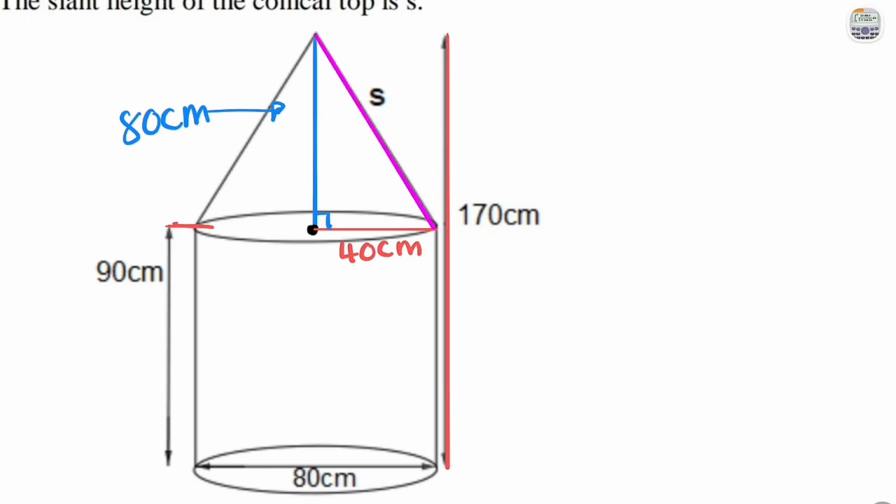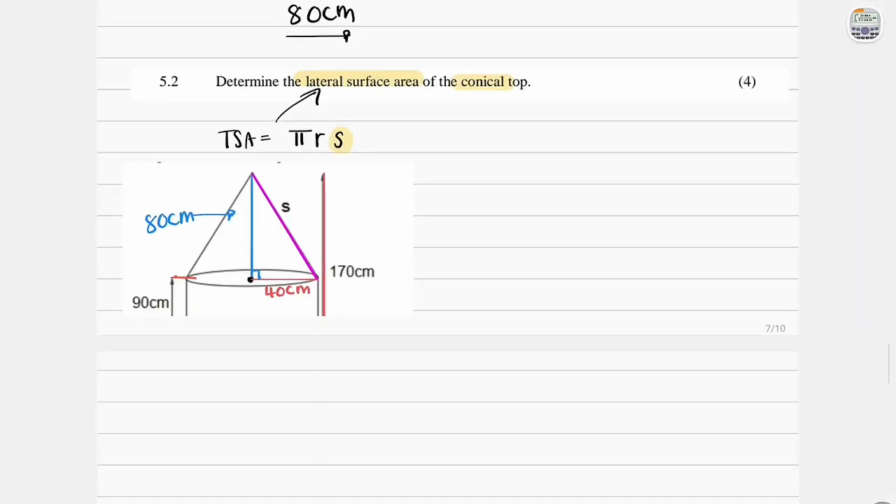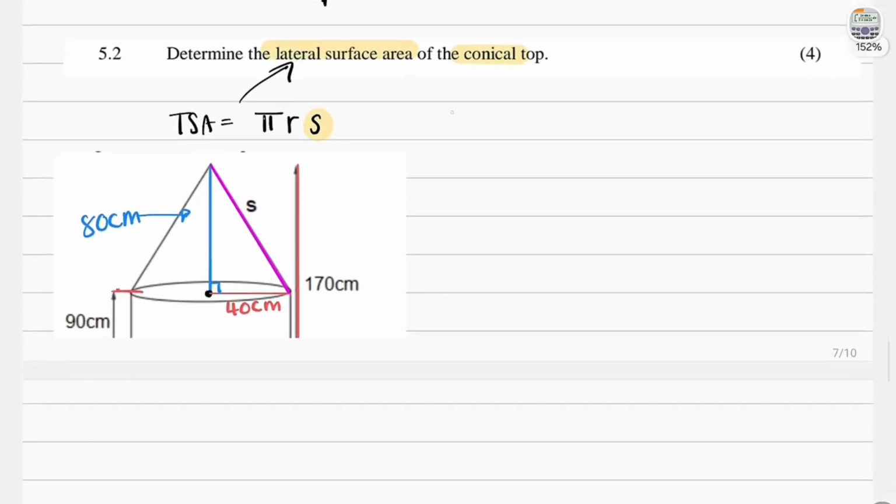We'll look at this 2D shape, this triangle, and using Pythagoras, since we have this side and this side, we can find that slant height, which is also the hypotenuse of this right angle triangle. So let's go ahead and find that slant height. S squared is equal to this side squared, which is 80 squared, plus this side squared, 40 squared.